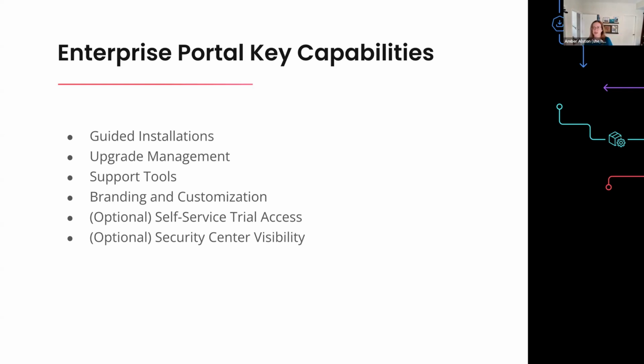The ability to easily generate and manage support bundles and upload those back to you as the vendor. We'll touch lightly on the branding and customization. You also have the ability to use the Enterprise Portal to enable self-service trial or community signups as well. And we, of course, have the newly announced Security Center Alpha that you can optionally enable for better security visibility within Enterprise Portal as well.